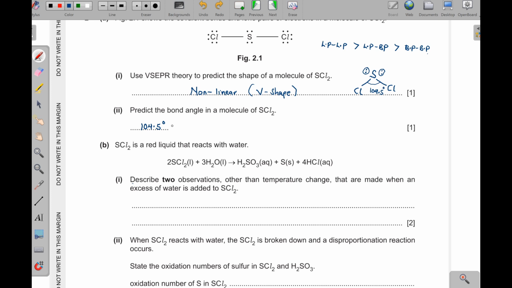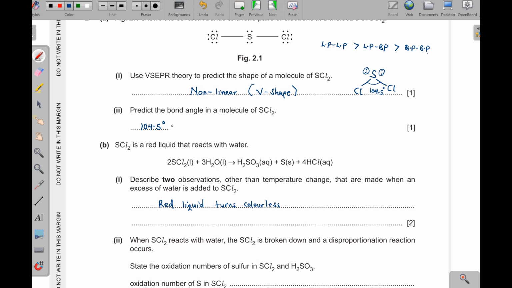So Roman 1, they are saying describe two observations. Those are actually the ones I've just said. Okay, two observations other than temperature change that are made when an excess of water is added to sulfur dichloride. So we can say the red liquid, or we can say red solution, so red liquid turns colorless.